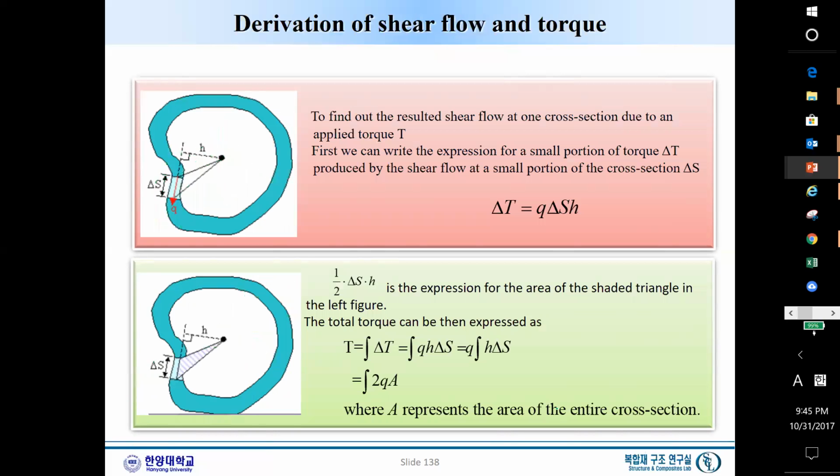Now, let's try to derive the relation between how much stress we get from this torque.